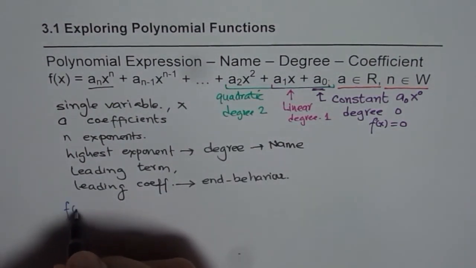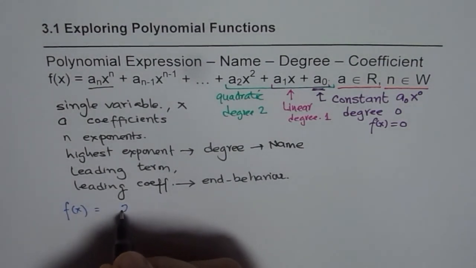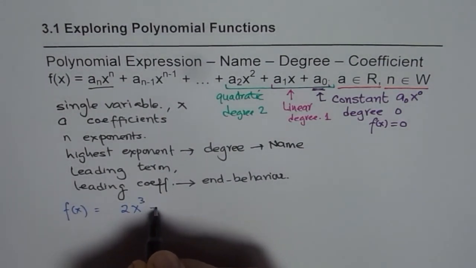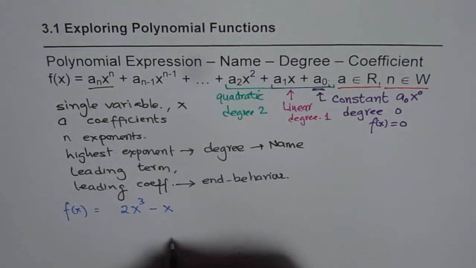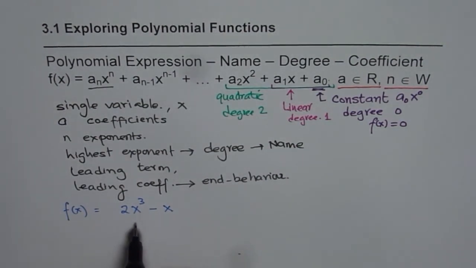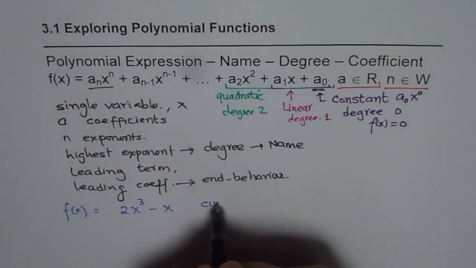So if I have a function which is kind of 2x cubed minus x, I may not have all the terms. But the important thing here is that the highest degree of the term is 3, and therefore the degree of this polynomial is 3. And this polynomial will be called cubic.